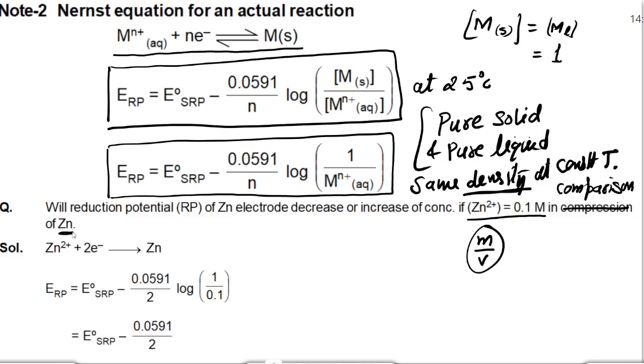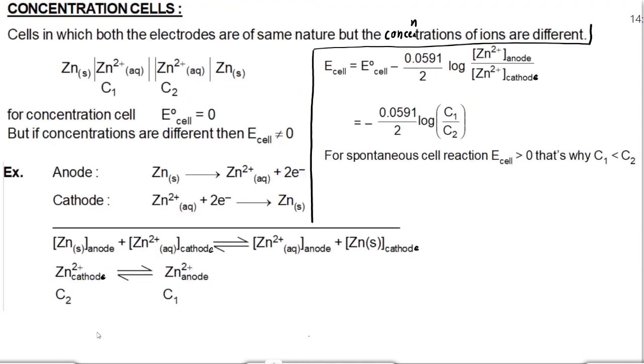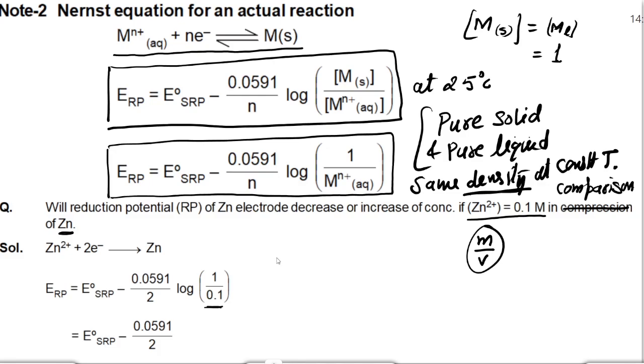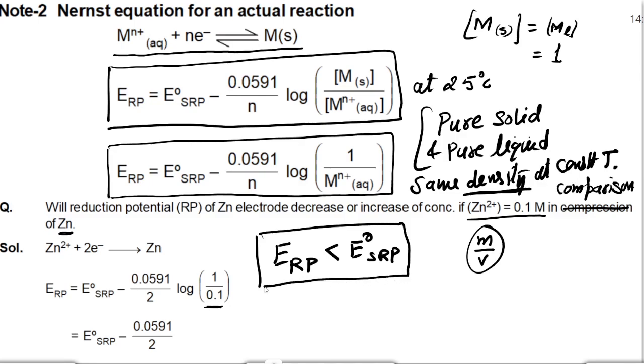So when the concentration of Zn2+ is 0.1, the log becomes log 10, that is, 1. So it becomes less than E naught, which means the reduction potential of the cell is less than its standard reduction potential. That means as the concentration of Zn2+ increases, reduction potential increases.